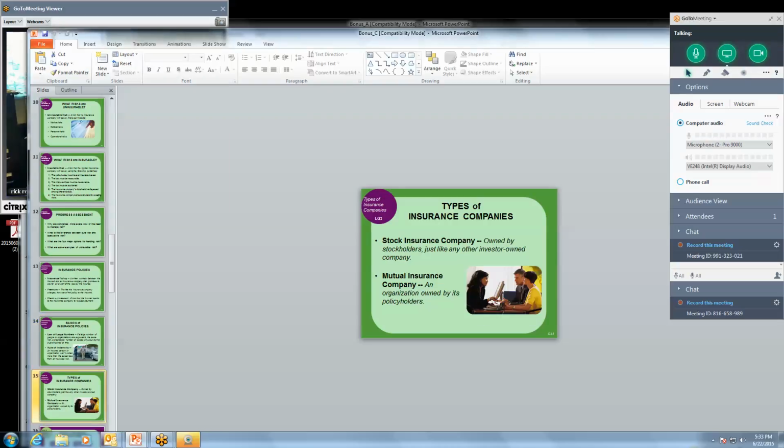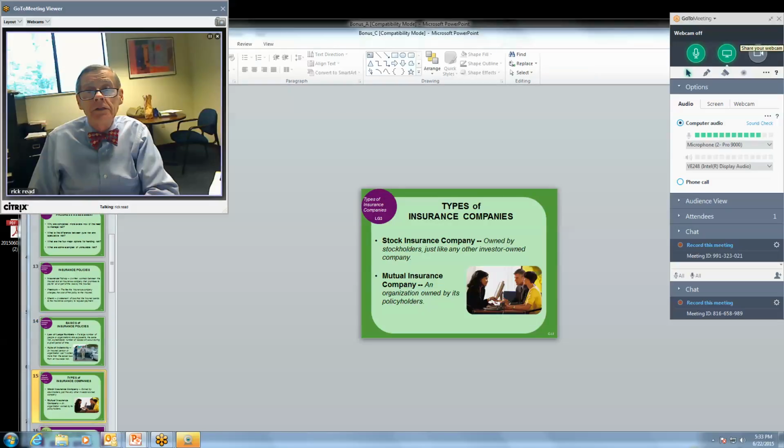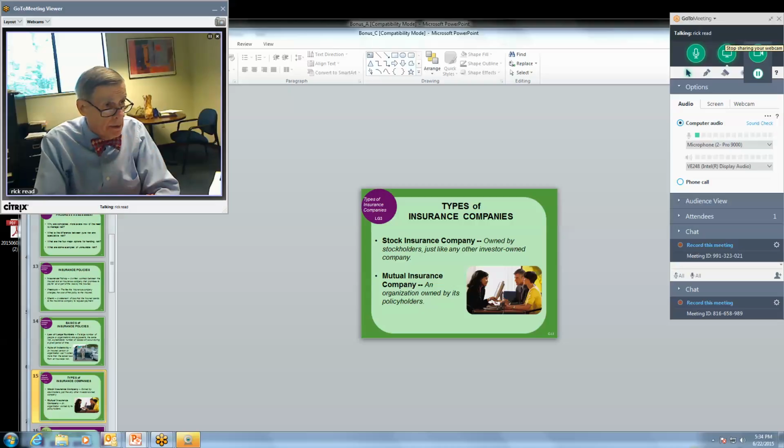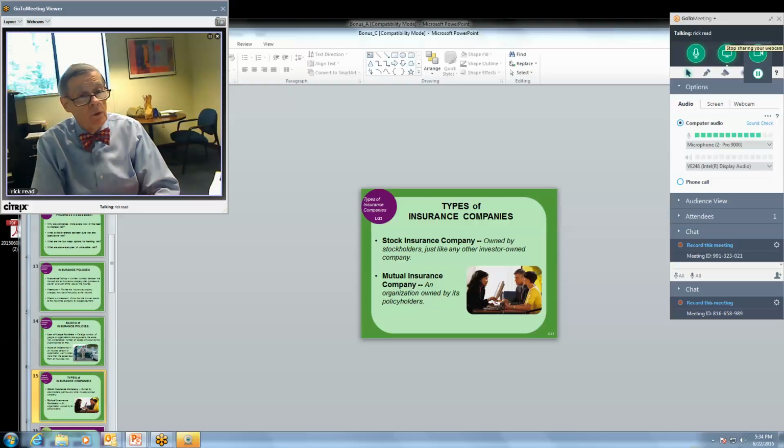Two kinds of insurance companies: a stock company and a mutual company. A stock company is just like any other stock-owned company, any publicly traded company we talked about in Chapter 19. A mutual company is a company that's owned by its policyholders. They may pay dividends, etc., but the policyholders are actually owners.